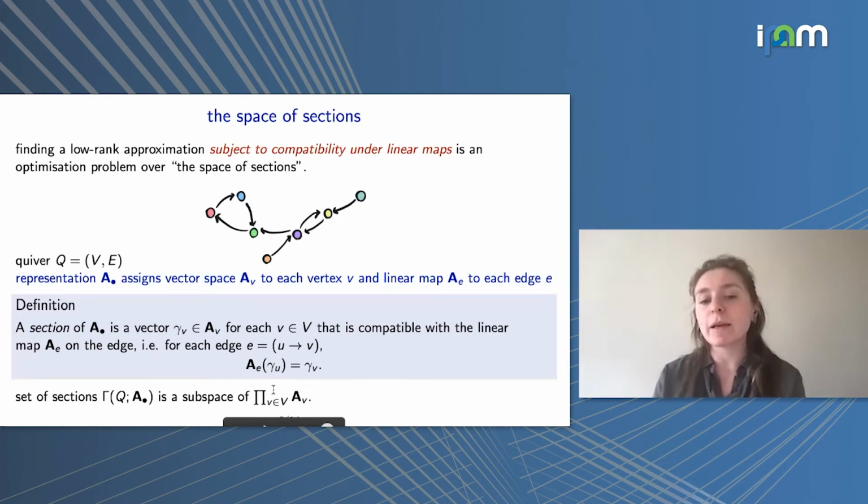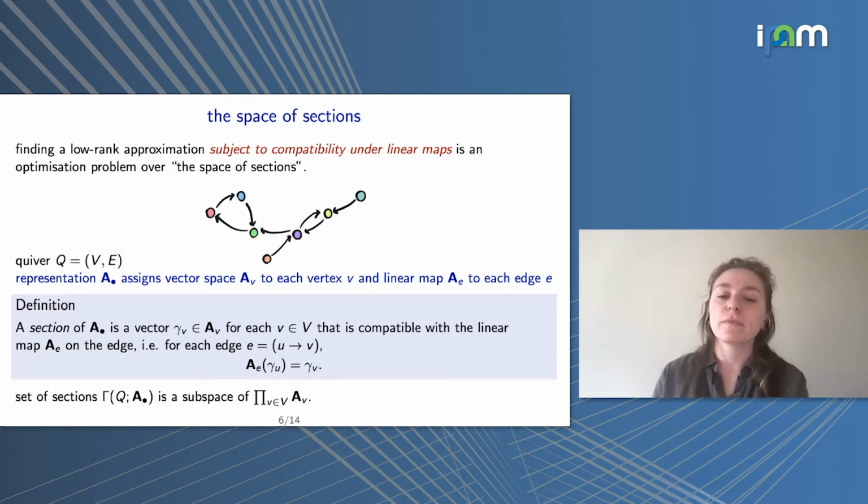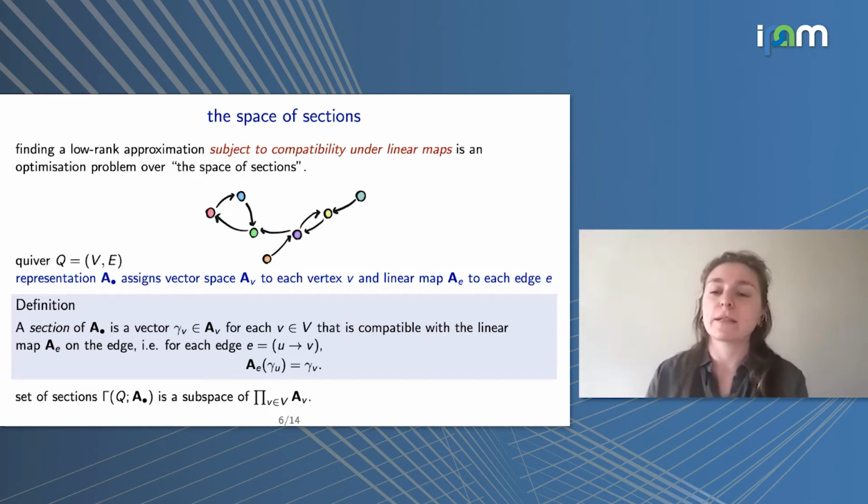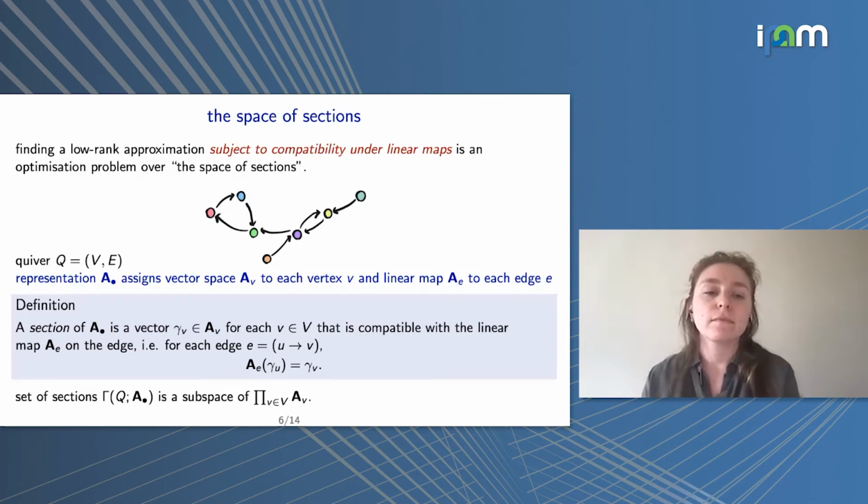And this is a subspace of the space of all possible tuples of vectors, one in each of the vector spaces at the vertices. Okay, so maybe the first example of a section is to just assign the vector 0 at each vector space.